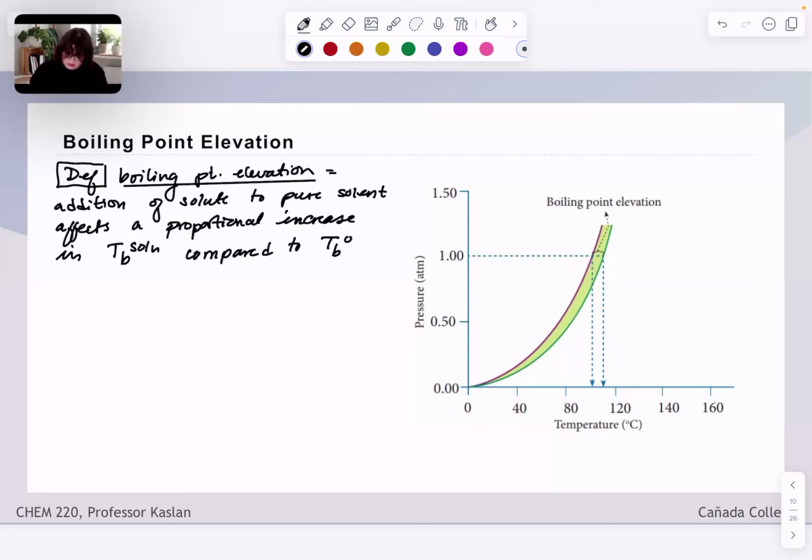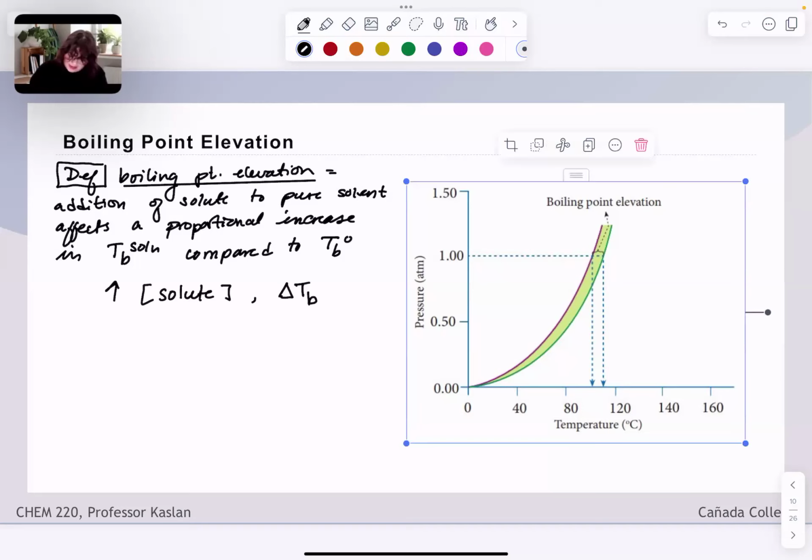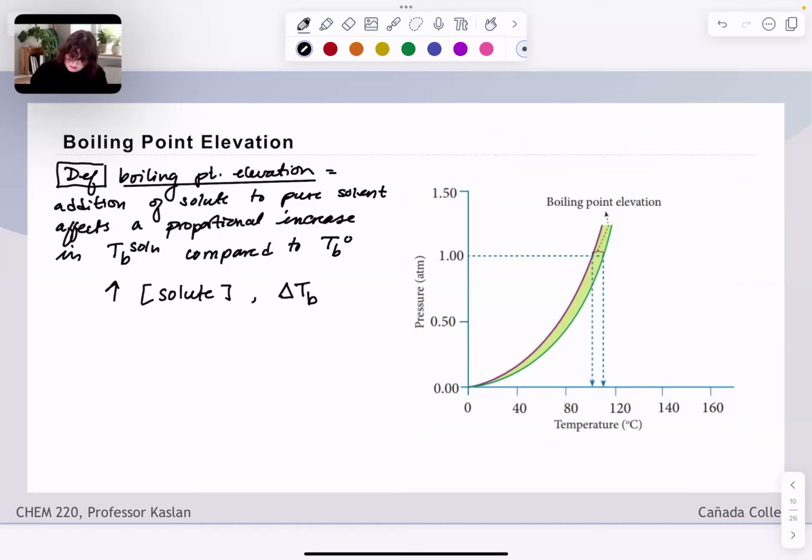In other words, as we increase the concentration of solute, then the change in our boiling point, meaning how much it has risen, so the rise in boiling point, is going to get larger because we're going to have more and more solute particles that we have to provide energy to our solvent particles to navigate around.